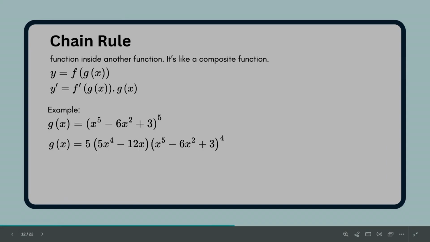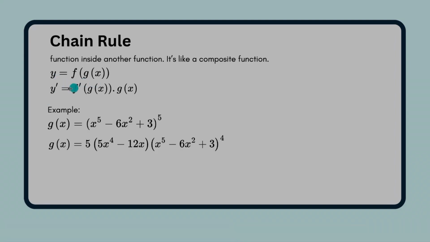It is the chain rule. We use the chain rule when there is a function inside another function. It's like a composite function. The function is y equals f(g(x)), and when we differentiate it, it becomes f prime g(x) times g prime x. So for example, g(x) equals (x^5 minus 6x squared plus 2) to the power of 5.